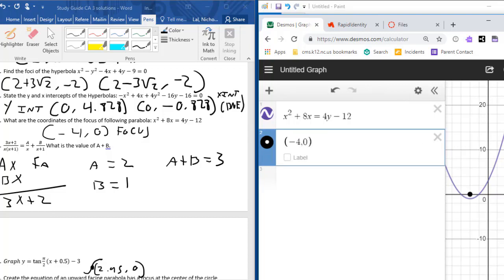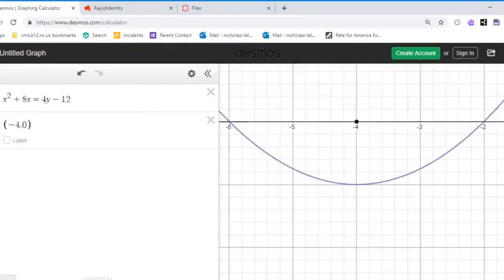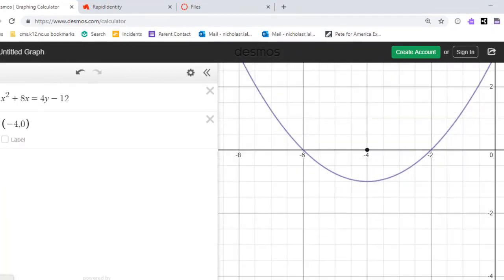When we zoom in here, we can actually tell that this is the focus. One, if it's not directly above the vertex, it's not the focus. If it's not directly inside the parabola, aligned with the vertex, it's not the focus.